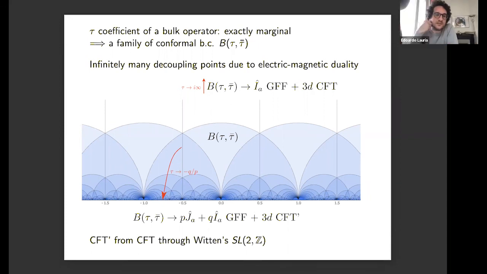Yeah, so this is just a picture, of course, of all possible choices of the fundamental domain of SL2Z. Each triangle is a fundamental domain, right, Matteo? Yes, each triangle is a fundamental domain.